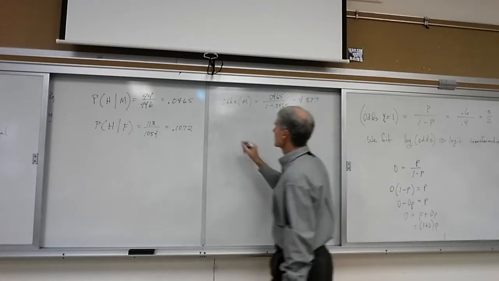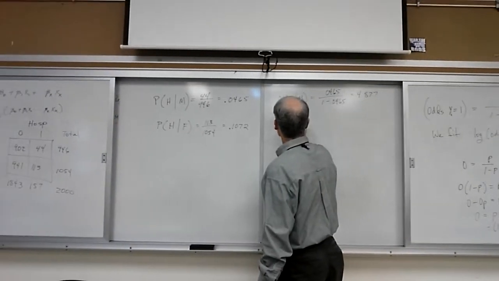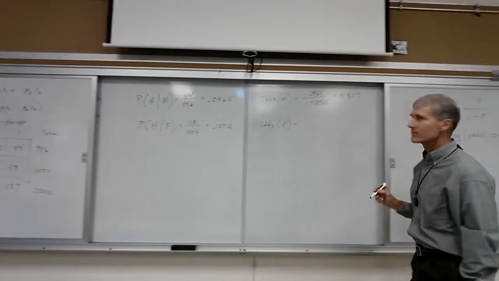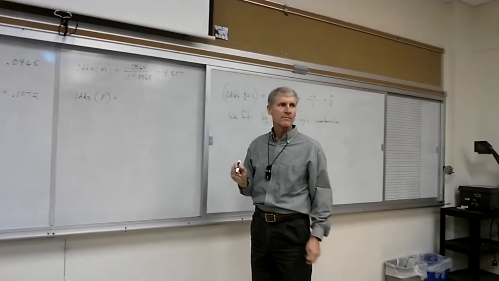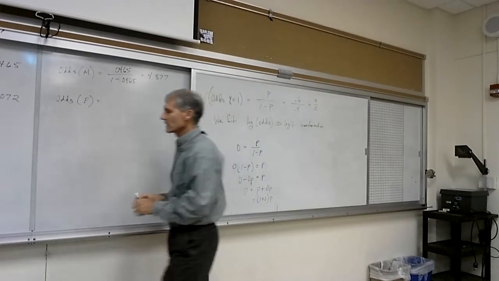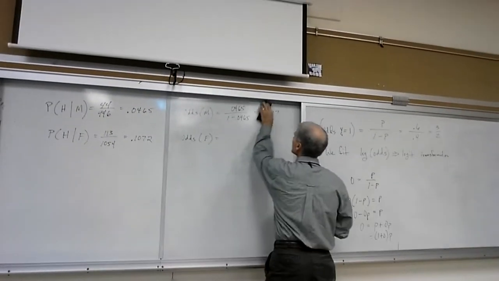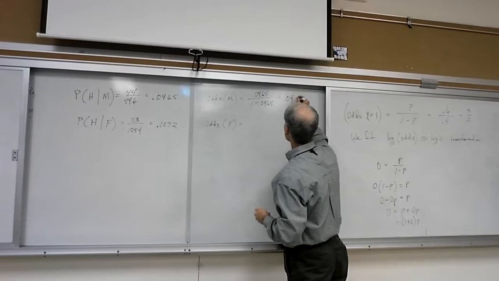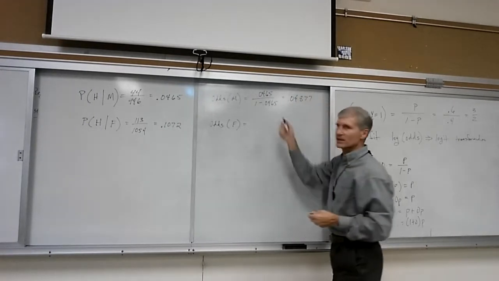Oh, yeah, I'm sorry, not 1 over. That gives 0.0487. Okay, I should have caught that couldn't be right, just looking at it.